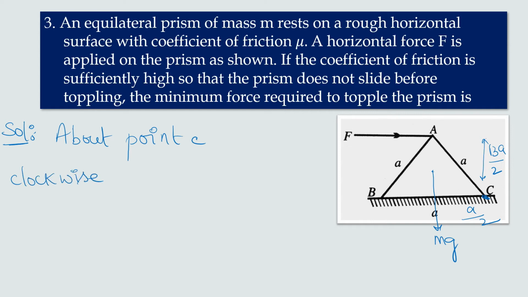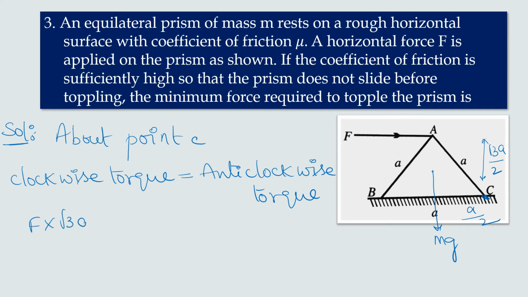Clockwise torque is equal to anticlockwise torque. So that is F into root 3 a by 2 is equal to mg a by 2.